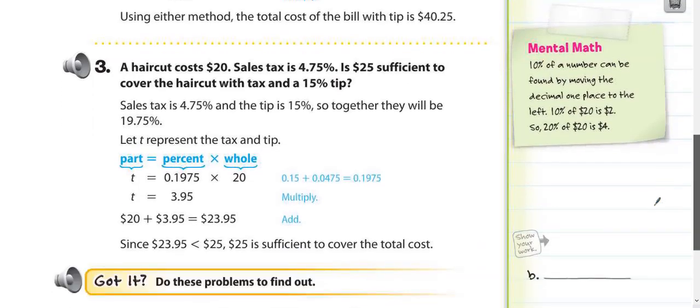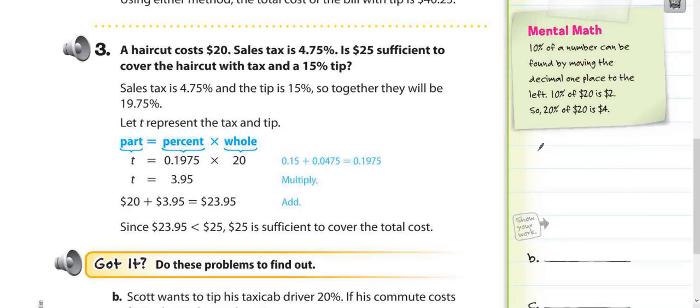Now, sometimes, let's go down to example 3. Sometimes you have a situation where you have both a tip and the tax. So notice sales tax is $4.75, tip is 15%. Together they're going to be 19.75. So you would add those together, change it into the decimal.